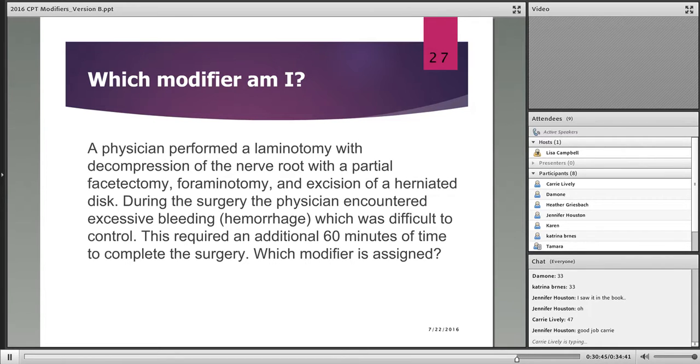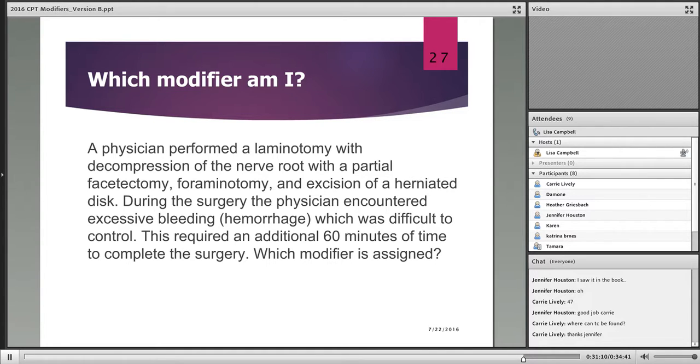Next up, a physician performed a laminotomy with decompression of the nerve root with a partial fasciectomy, foraminotomy, and excision of a herniated disc. During the surgery, the physician encountered excessive bleeding, which was difficult to control. This required an additional 60 minutes of time to complete the surgery.